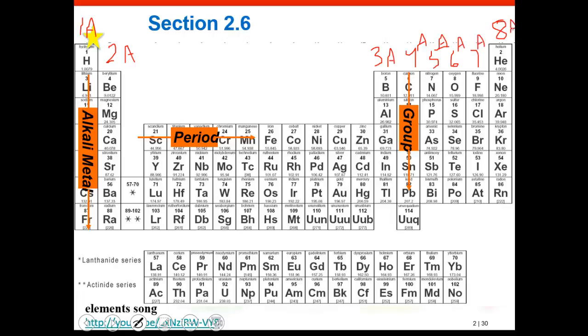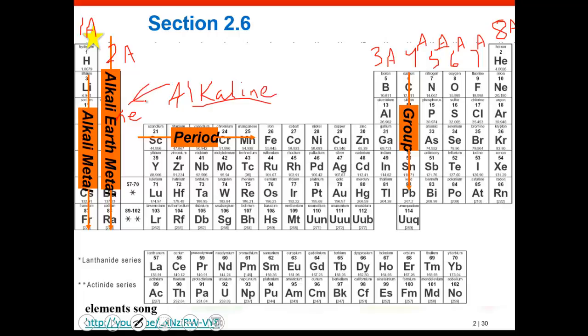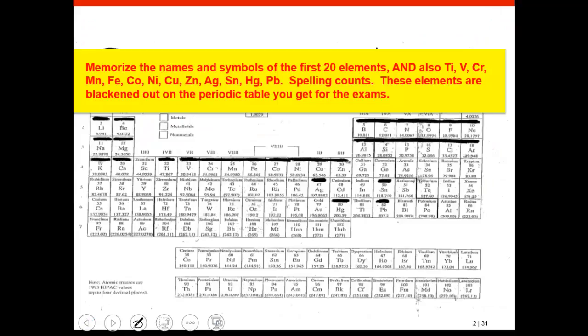Some of the group names are special. For example, the alkali metals, which we'll talk about in a little bit of detail. Then we have the alkaline earth metals. Sorry about that, I did not get all that smushed on there. We also have the halogens and then the noble gases.